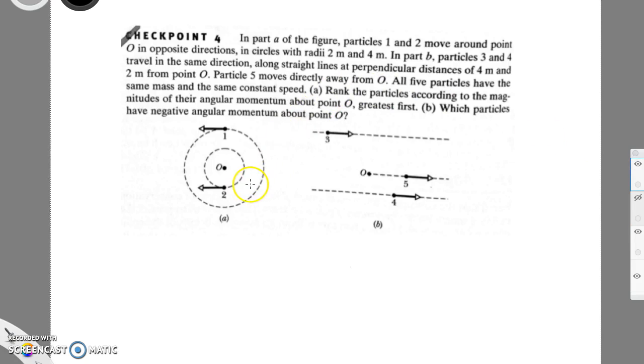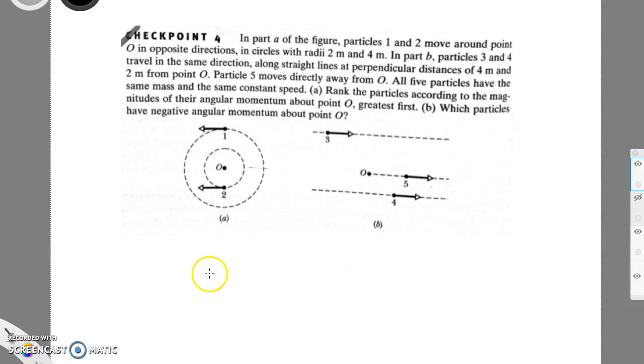We have this sample problem here, this checkpoint from the reading, and it asks to rank these 5 particles, which all have the same mass, based on their angular momentum. Now, you have 3 that are traveling in a straight line and 2 that are rotating.